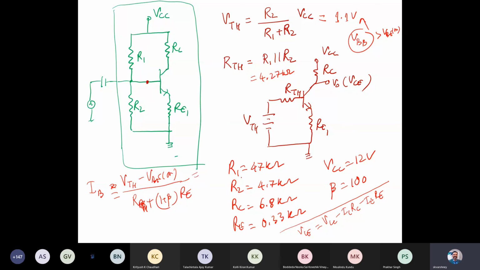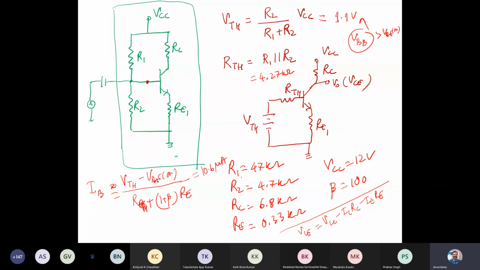So what is the IB? You got 1.1 minus 0.7, so 0.4, divided by RTH 4.27 plus 101 into RE 0.33. You can check it out. Just see the number. 10.6 microampere. Okay, fine.